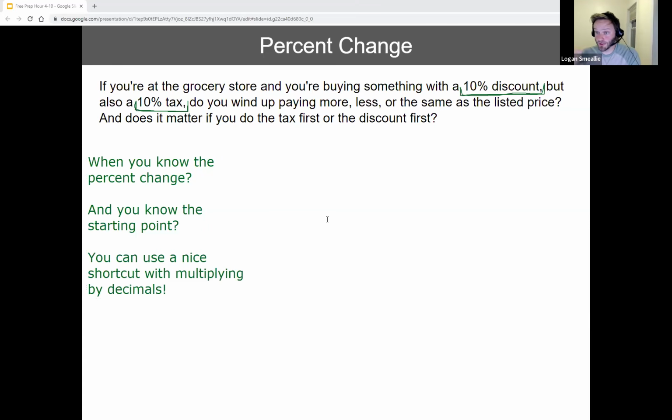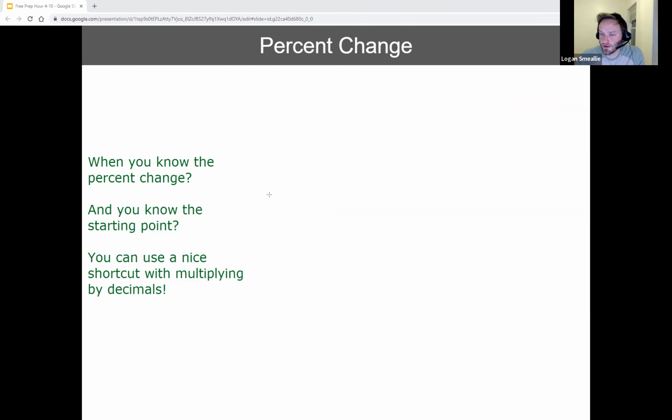Let's talk about how that works in general, and then I will come back to this specific question. So I'm going to cover up the question briefly, and then we'll come back and see how this plays out.